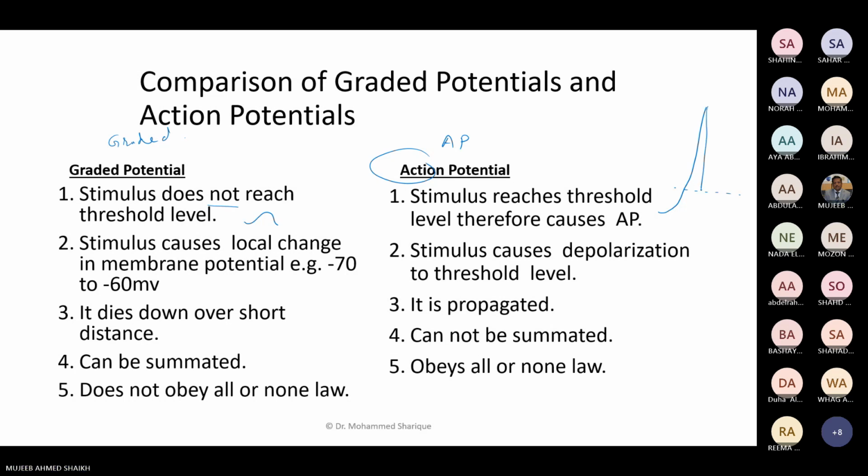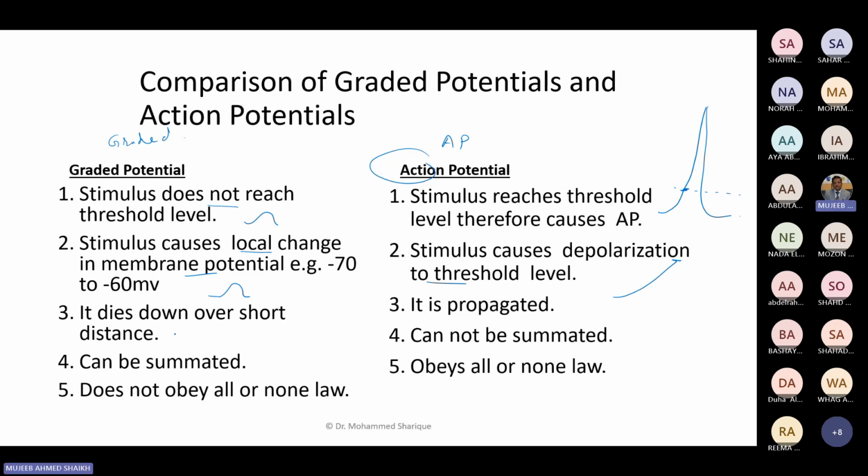Whenever there is an action potential, that means the stimulus has reached the minimum required level, that is the threshold. In a graded potential, the stimulus causes a local change in the membrane potential, let's say from minus 70 going to minus 60 only, a small change. Here, depolarization at the threshold level will occur to minus 55 or something like that.